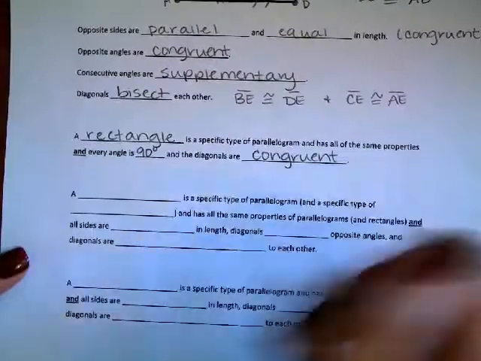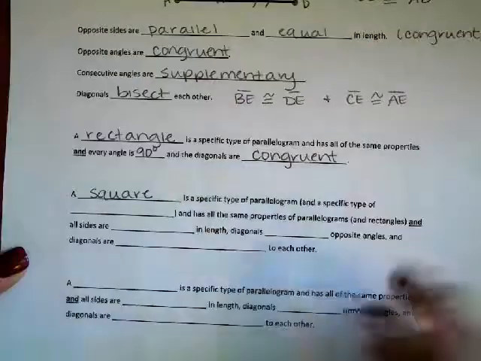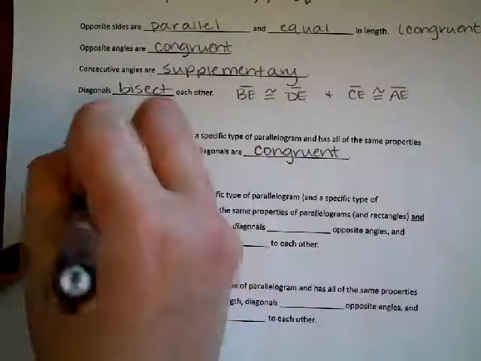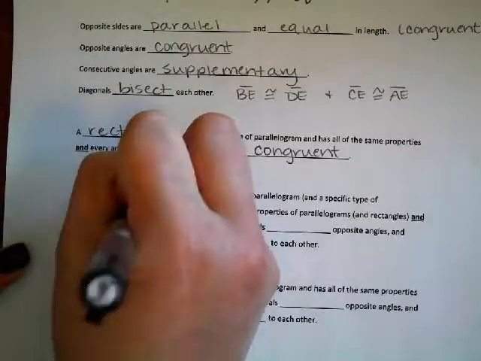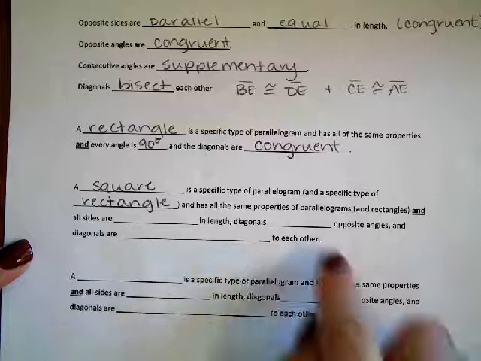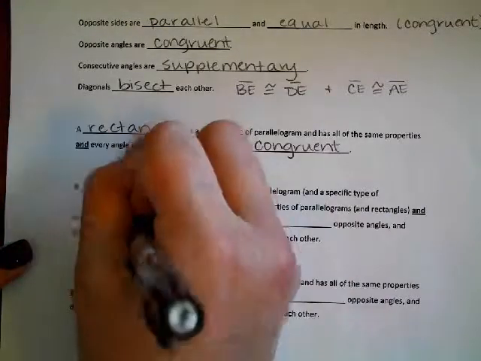Next, a square is a specific type of parallelogram and a specific type of rectangle. And it has all the properties of parallelograms and rectangles, and all of the sides are equal in length.